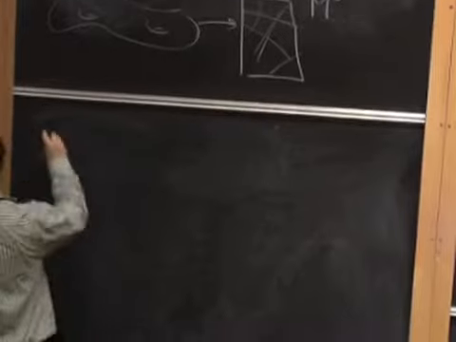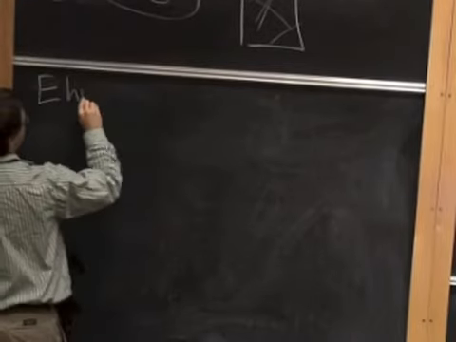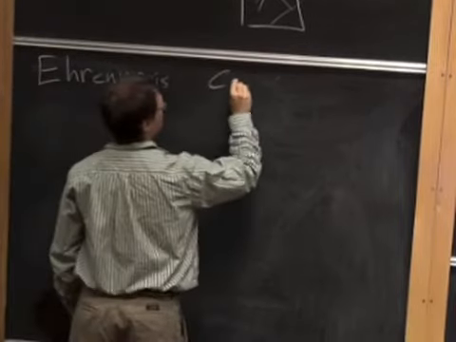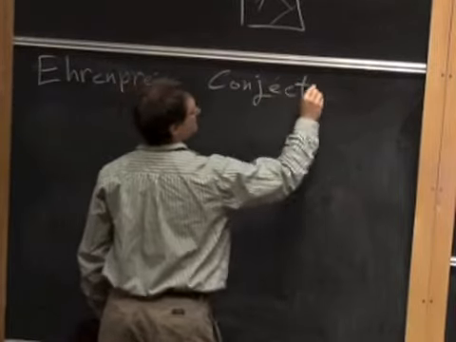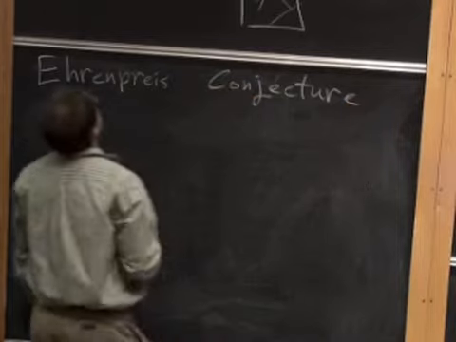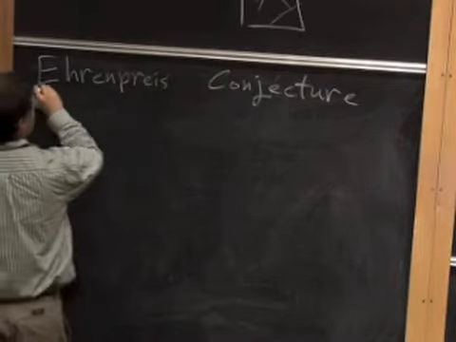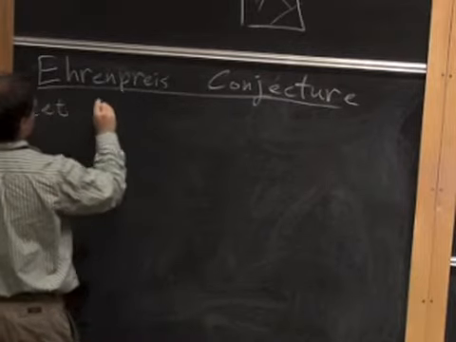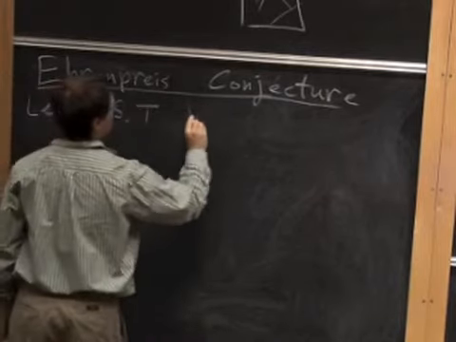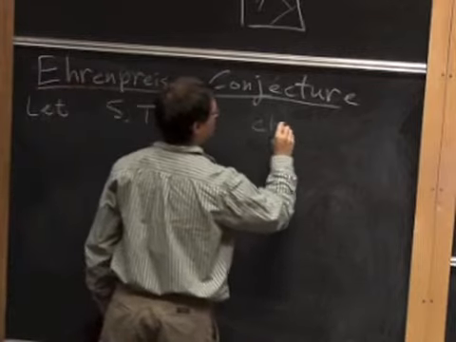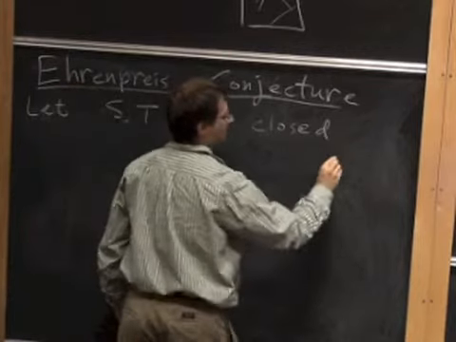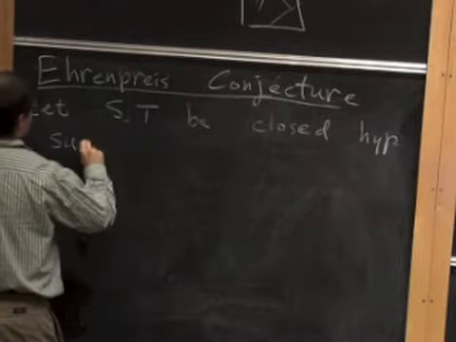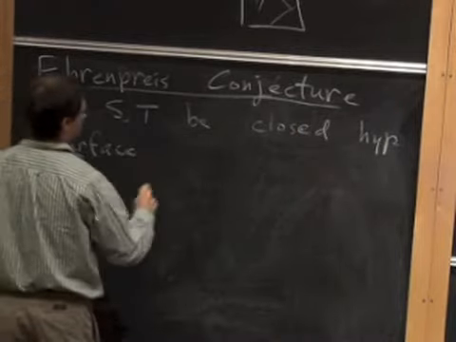And now, the Ehrenpreis conjecture says let S and T be closed hyperbolic surfaces, right?